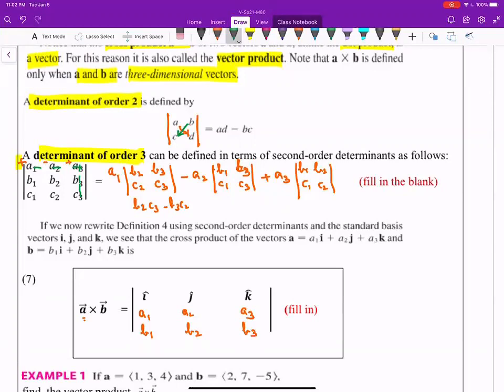If you go back to the previous step, this will be A1 times this, then minus A2 times.